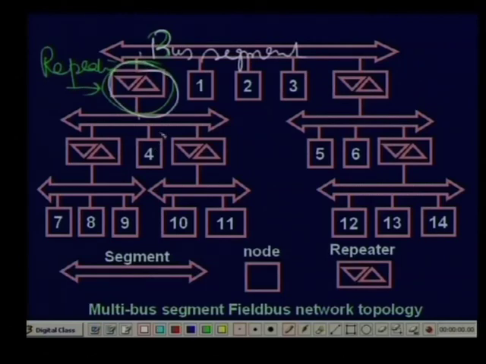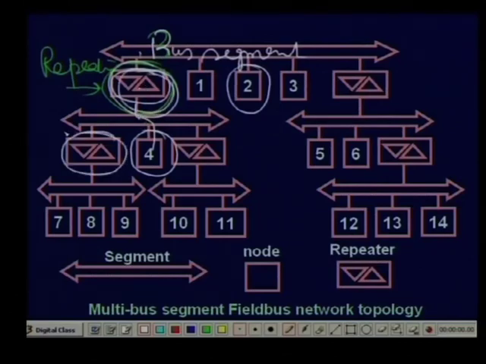So, now suppose this number 4 device wants to talk with number 2. So, it will transmit this data on the bus, it will go to this repeater, and it will also go to this repeater. Now this repeater will know that it is meant for a device on its own segment, so it will retransmit it on the bus, while this repeater will know that device number 2 does not exist on its segment.